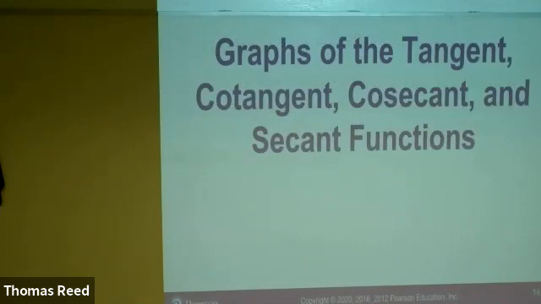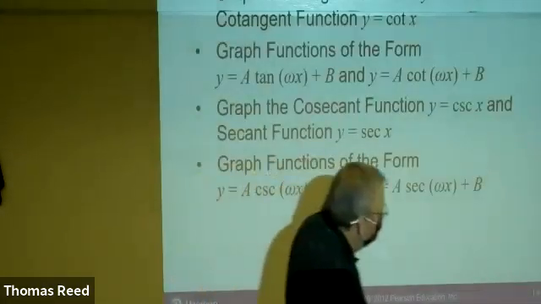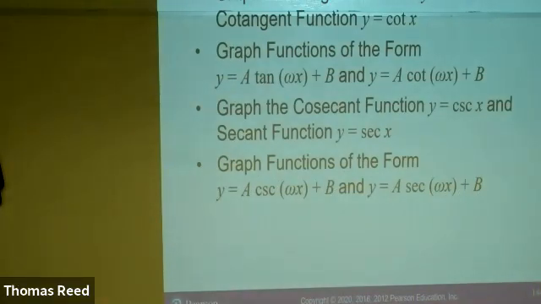All right, graphs of the tangent, cotangent, cosecant, and secant. Tangent, I think we covered very briefly, and same with the cotangent. Cotangent and tangent are reciprocal functions. They look very much alike. Their domains are shifted a little bit. And the graphs of secant and cosecant look an awful lot alike.